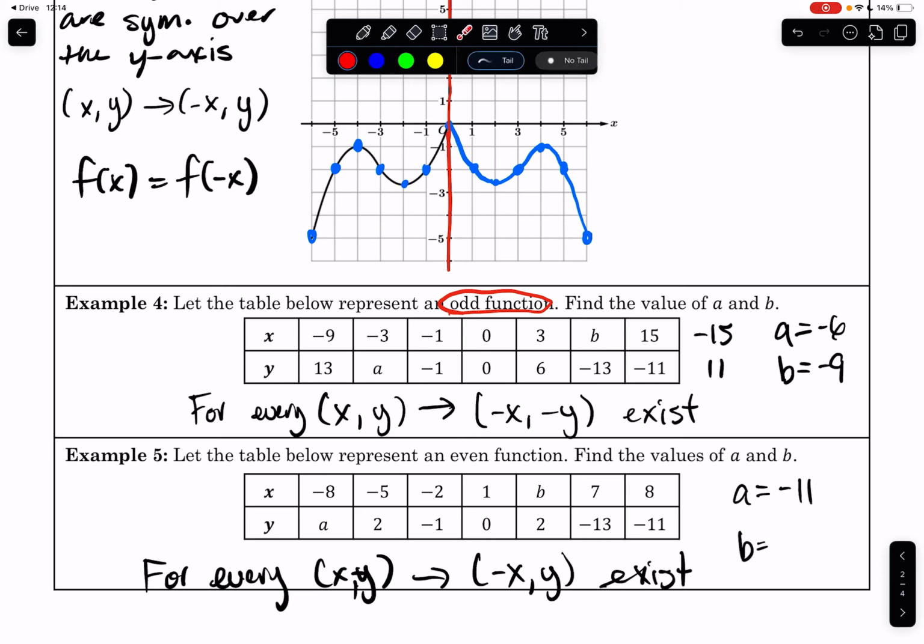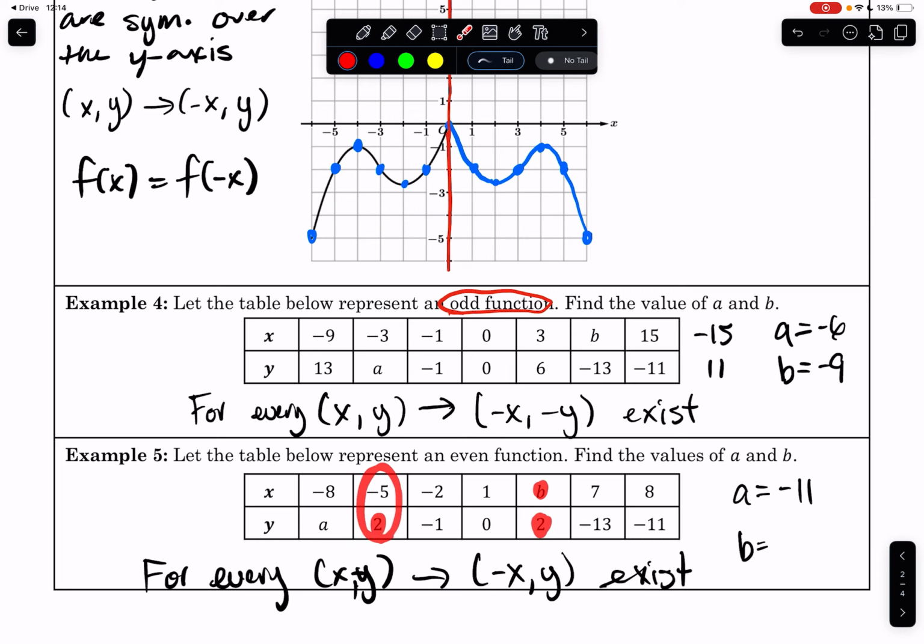And what about this one right here? How do we figure out the value of b? Well, if we look at b, the y value is 2. Because this is again symmetrical through an even function, symmetrical through the y-axis, that means that the opposite value of x also has to have the same value of 2. So if I look at the table, when x is equal to -5, the y value is also 2.